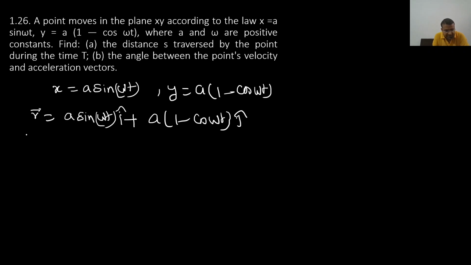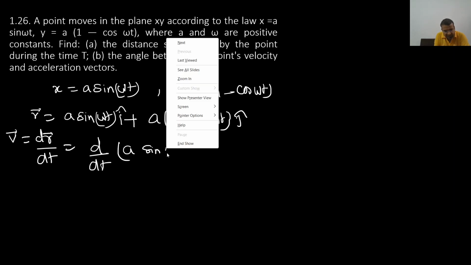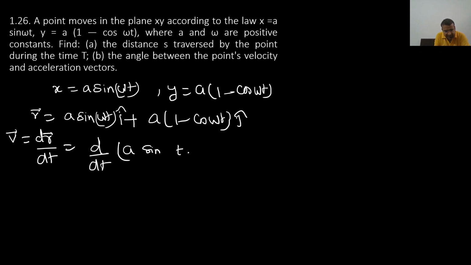Now if we differentiate, we will get the velocity vector. The velocity vector is dr upon dt, which is d by dt of a sine omega t i cap plus a into 1 minus cos omega t j cap.